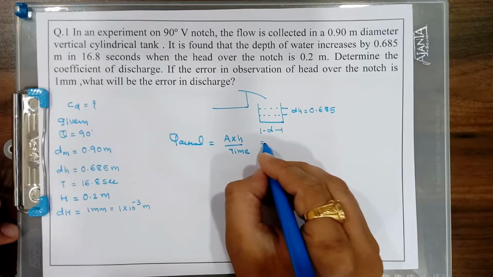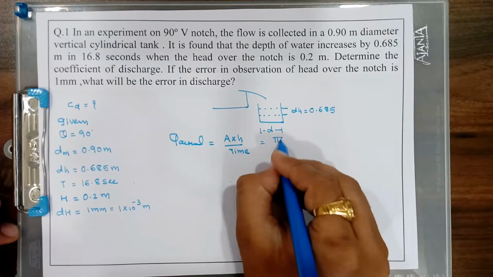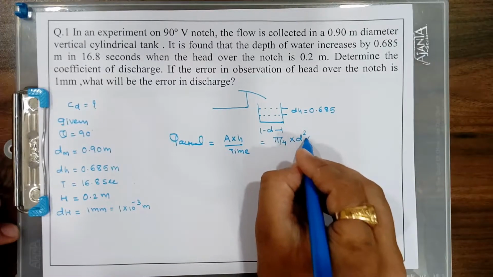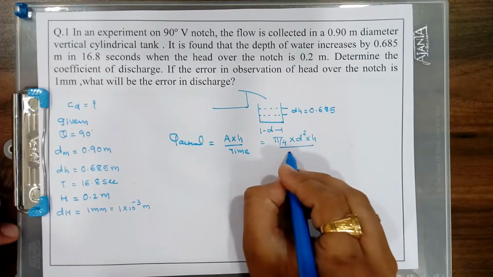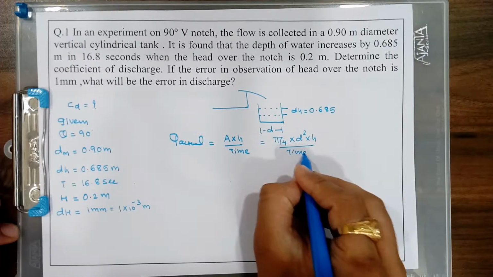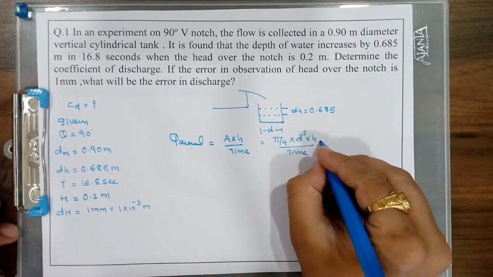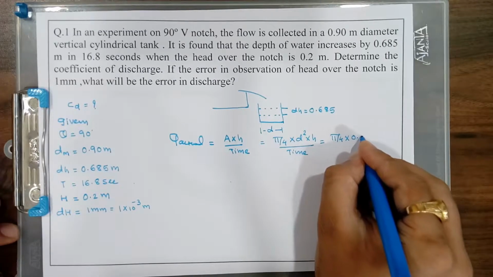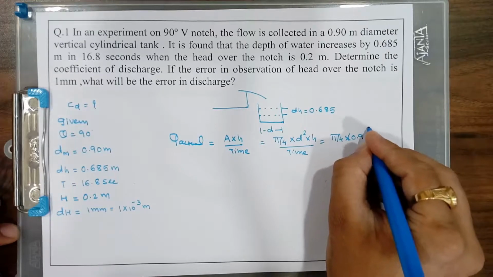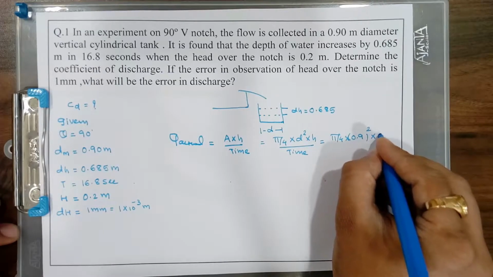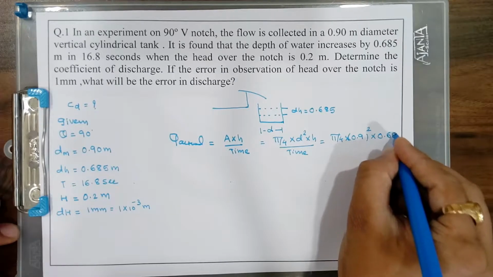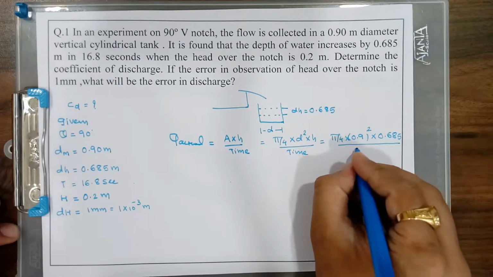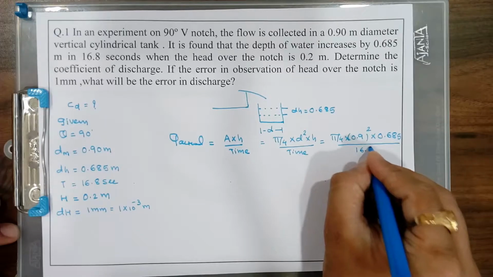So here the area is pi by 4 into d square, into h, divided by time. So the diameter of the measuring tank is given, that is pi by 4 into 0.9 to the power 2 into the height difference 0.685 divided by time, that is 16.8 seconds.